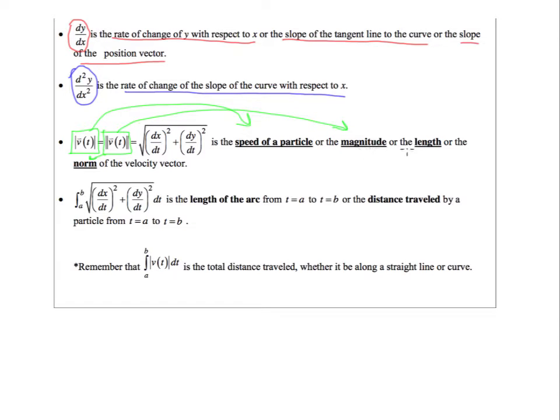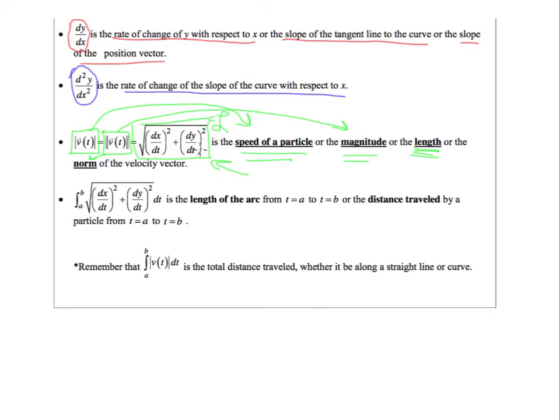And so that's going to be the square root of the derivative of x with respect to t squared plus the derivative of y with respect to t squared, which looks very familiar to our arc length, except we're not doing the integral. So that's the difference between that and the arc length function to get the length of the curve.